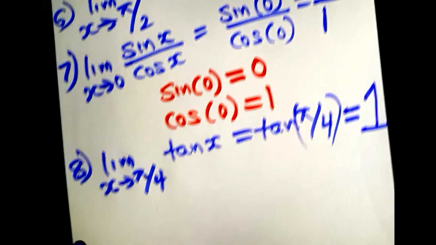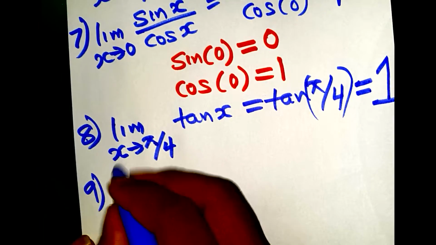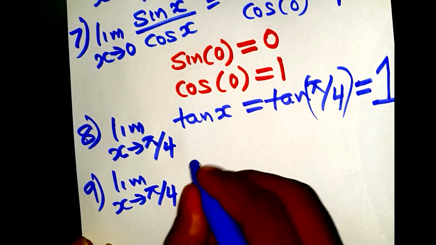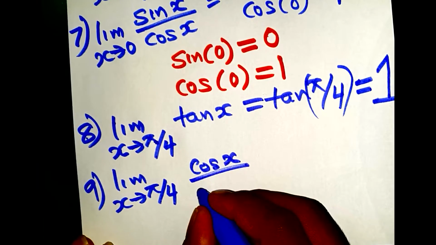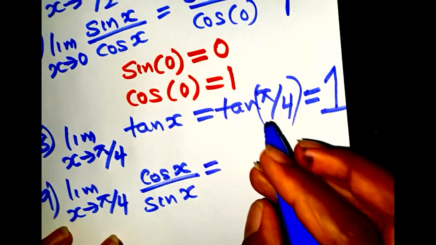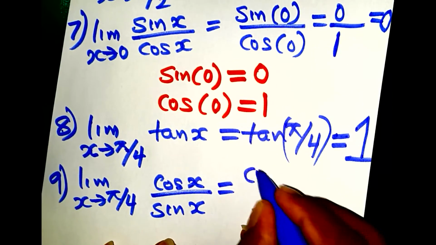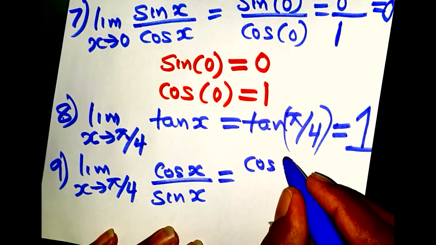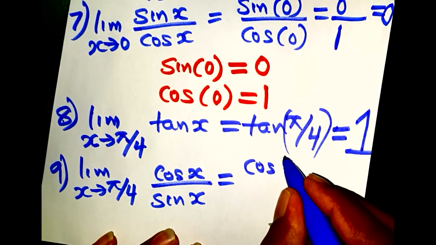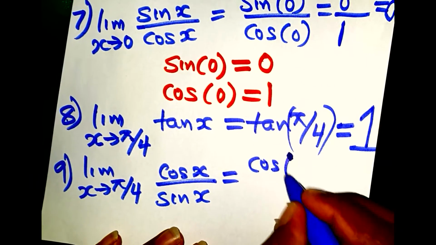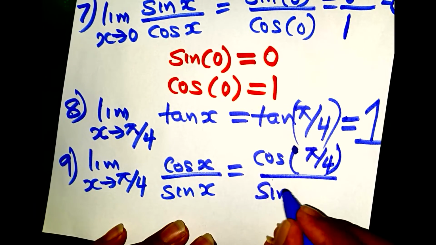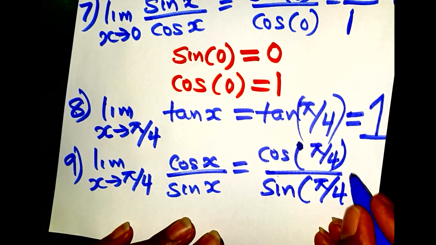Then the last example, we have limit x tends to pi over 4 of cosine x over sine x. Then same thing, it will be cosine pi over 4 all over sine pi over 4.